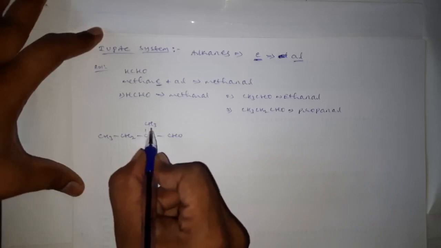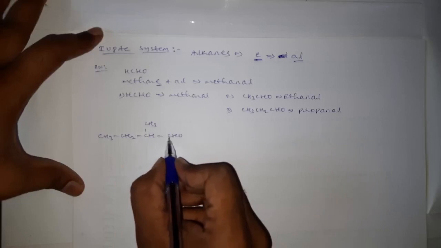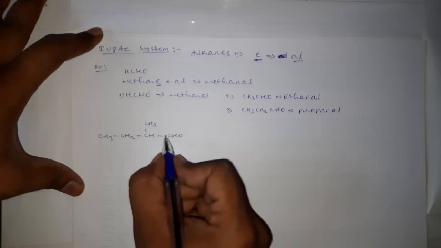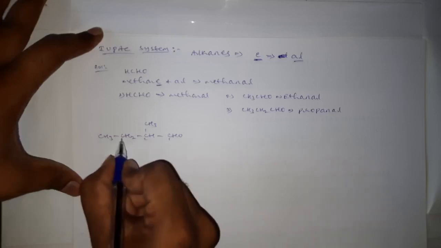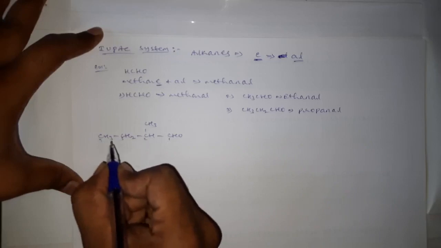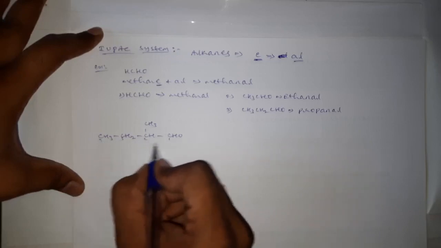And while numbering the carbon atoms, we should number from the aldehydic carbon, that is, the aldehydic carbon should get the least number, that is 1, 2, 3, 4. Okay, and therefore its IUPAC name is what?